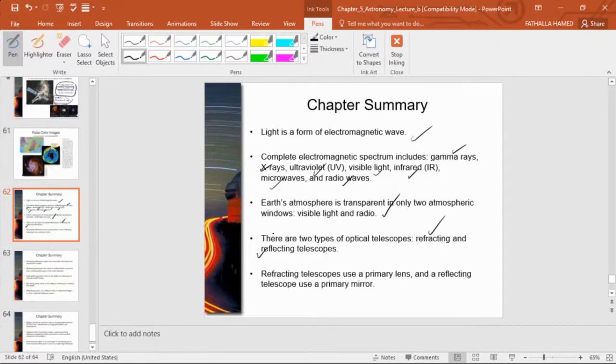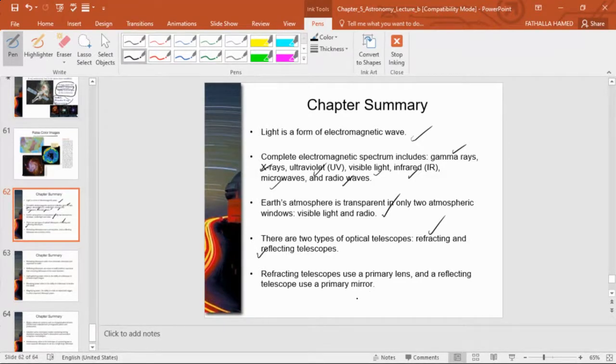The idea is the most common telescopes now are reflecting telescopes, because you can make the mirrors bigger. Refracting telescopes cannot be made as big, especially when we need the size of the primary or the objective to be big.